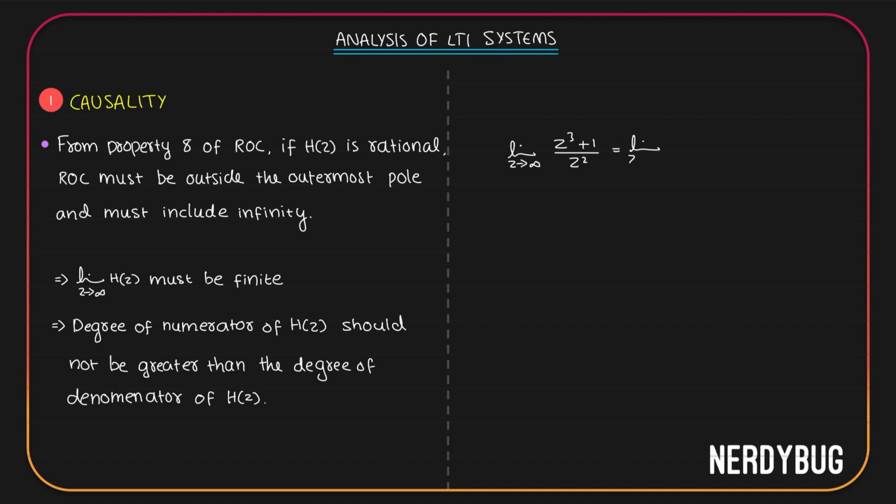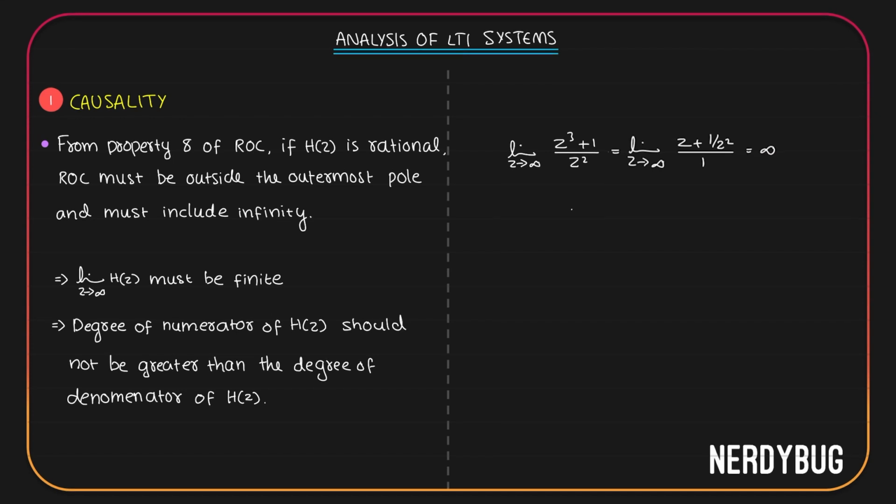Then I will get limit z tends to infinity z plus 1 by z square divided by 1. If I give z equal to infinity, 1 by z square will become 0, but still I have a z. So this will become infinity. When the degree of the numerator is greater than the degree of the denominator, limit z tends to infinity H of z is not finite, it is infinite.